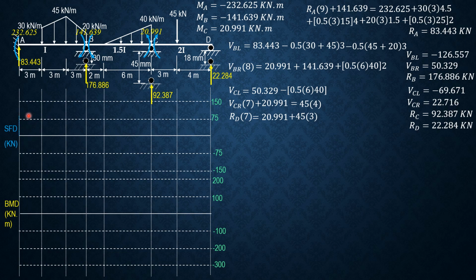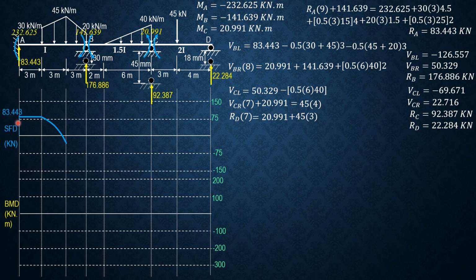So first, go up by 83.440, then constant, then minus the area of this trapezoid, minus 0.5 of quantity 30 plus 45 times 3, negative increasing.